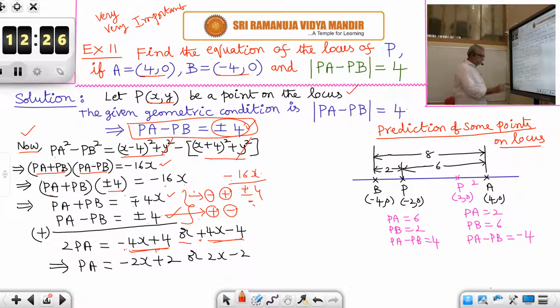Then divide by 2. This is 2PA divided by 2. So, PA is equal to this or that. Now, PA square you consider.